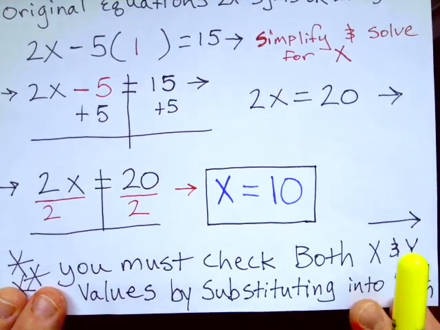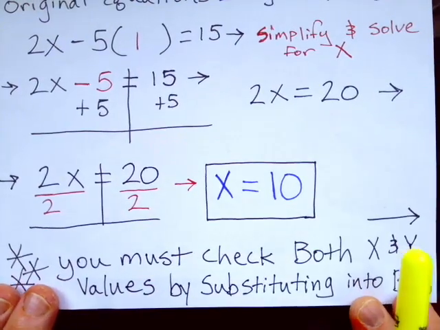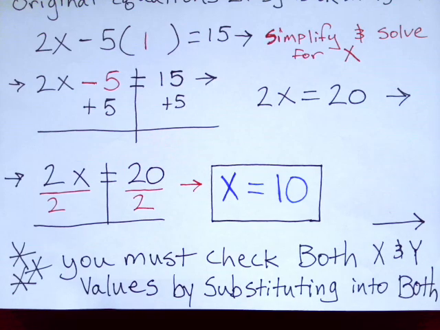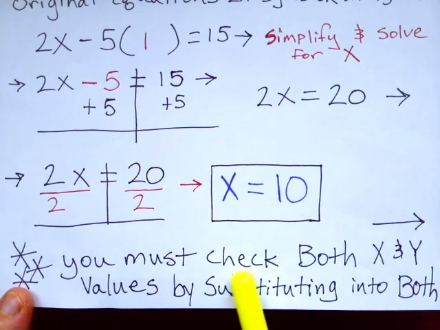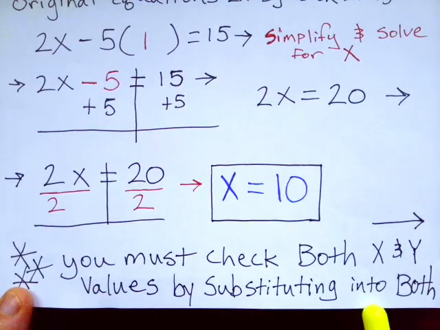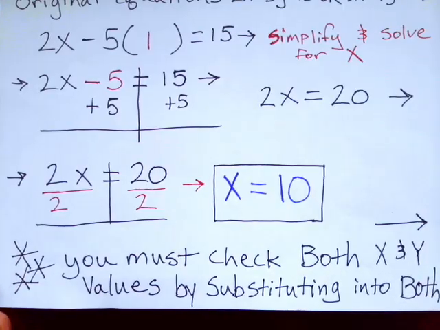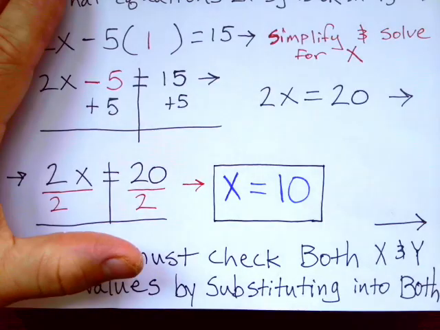But guess what? I'm not done yet. I know. There's so much work to do. But you must check both x and y values by substituting them into both original equations in order to make sure those values work.